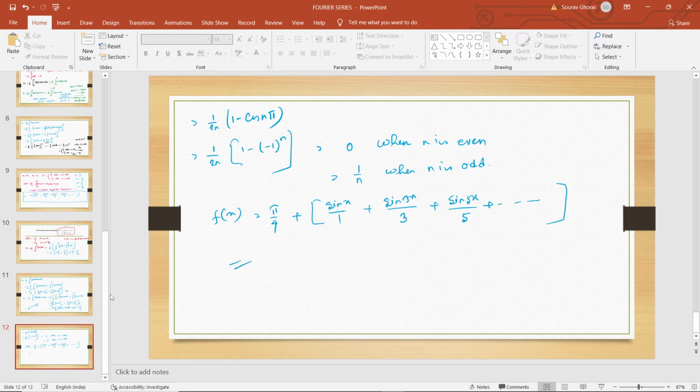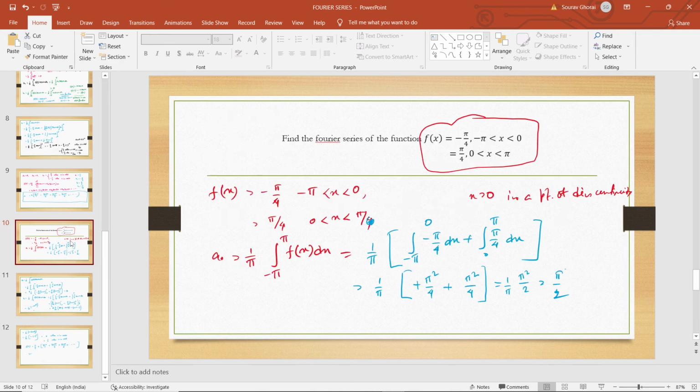So this is the Fourier series of the function f of x equal to minus pi by 4 and pi by 4. So thank you for watching the video.